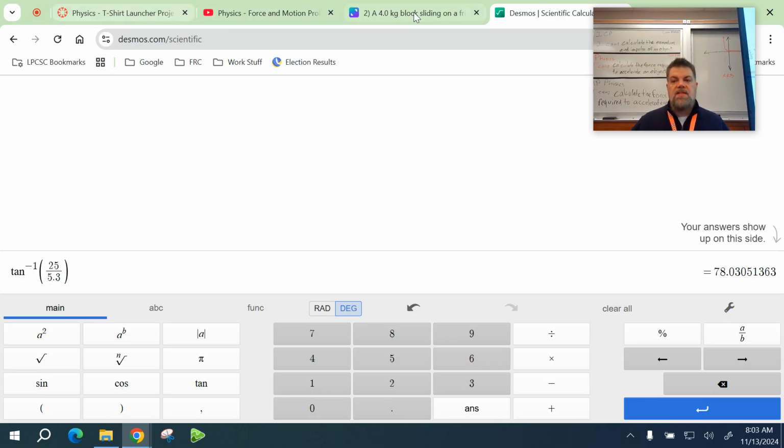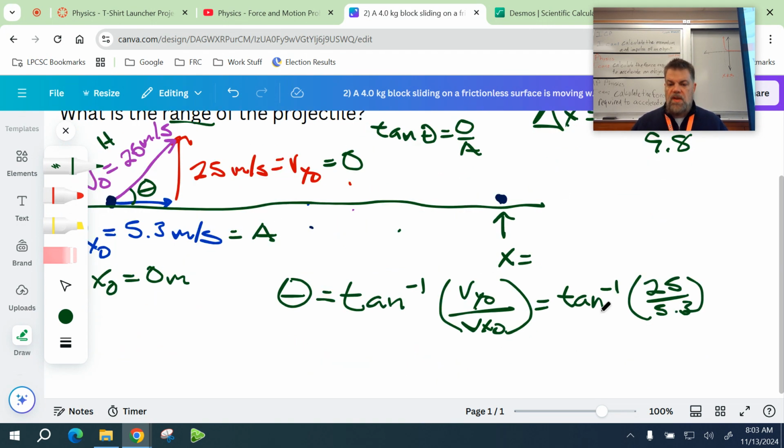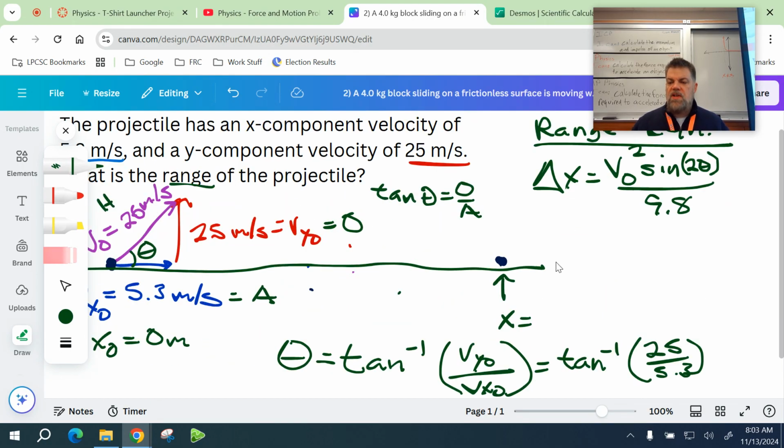Okay. So let's write that down. Theta is approximately 78 degrees. All right. So now we just plug that into the formula.